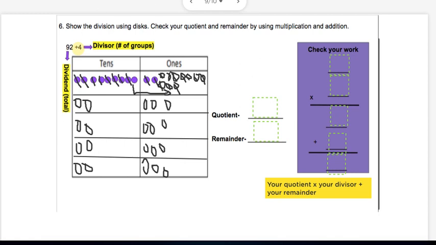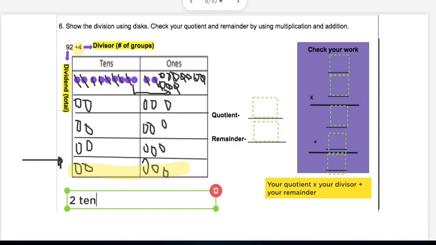Awesome! And remember, we're focusing on how many groups to find our quotient? Yep, 1 group. This is the group that Miss Turner decided to focus on in this problem. How many tens did you have in that 1 group? Beautiful. And how many ones did you have in that 1 group?